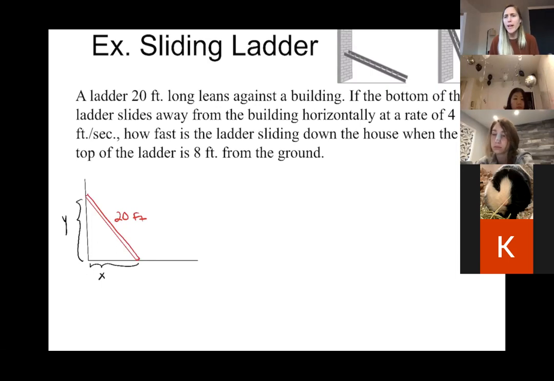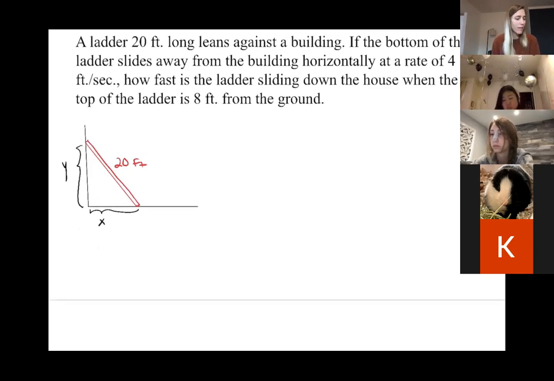A triangle. What type of triangle? A right triangle. And we know the relationship between the sides of a right triangle is referred to as the Pythagorean theorem. We're going to hold that thought for a second because we still want to state the rate that we're given and the rate that we're trying to solve for.